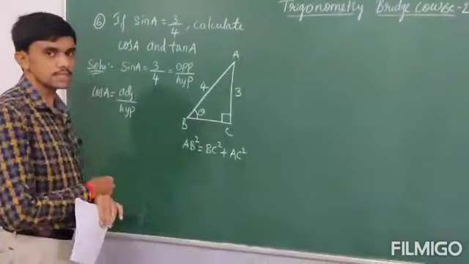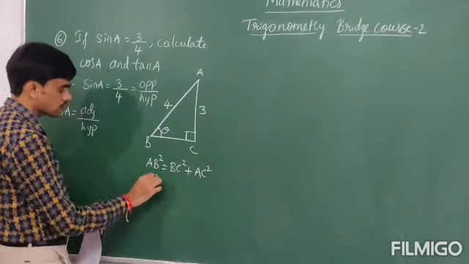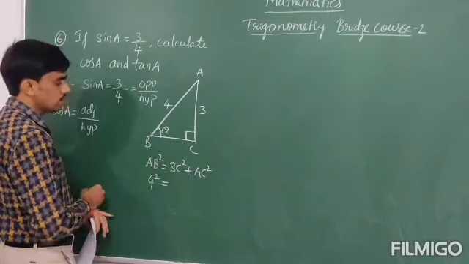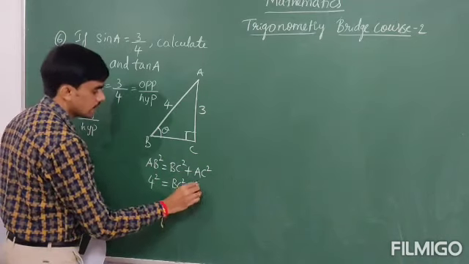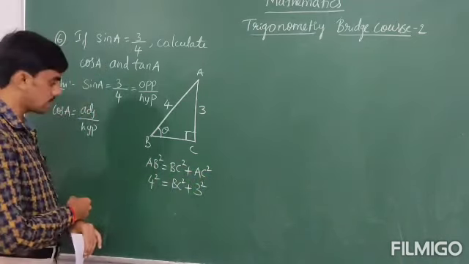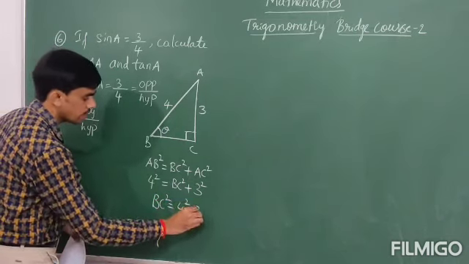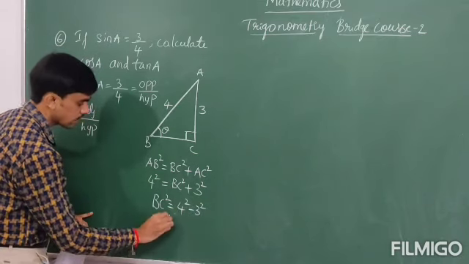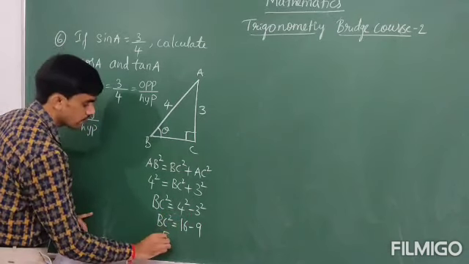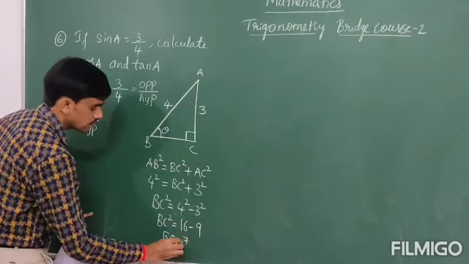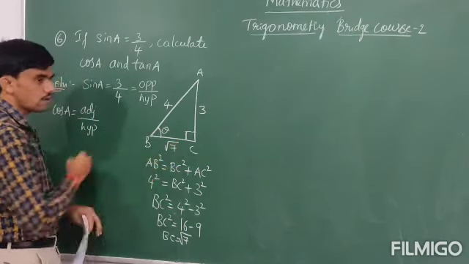AB square is 4 square, equal to BC square plus AC square, and AC is 3, so AC square means 3 square. So BC square is equal to 4 square minus 3 square, which is 16 minus 9. So BC is equal to root 7. Therefore, the adjacent side is root 7.